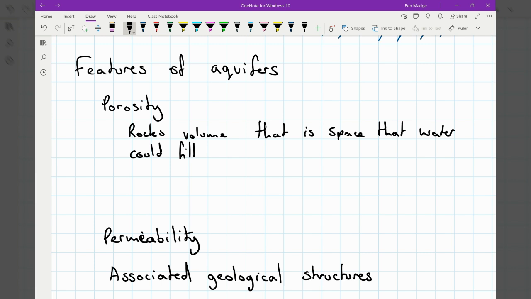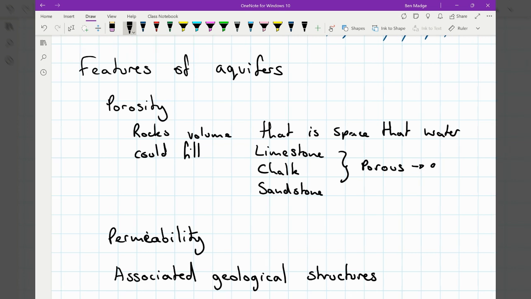And therefore, rocks like limestone, chalk, and sandstone are all porous. Helps you spell it right, doesn't it? Porous. And these can therefore form aquifers.